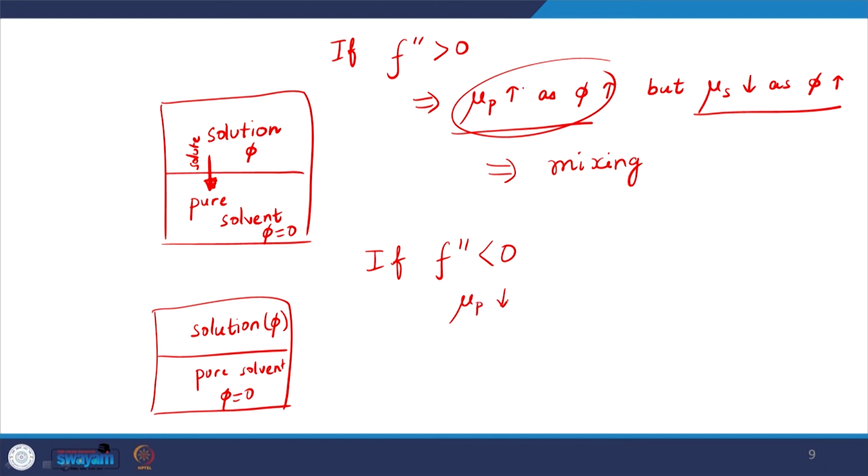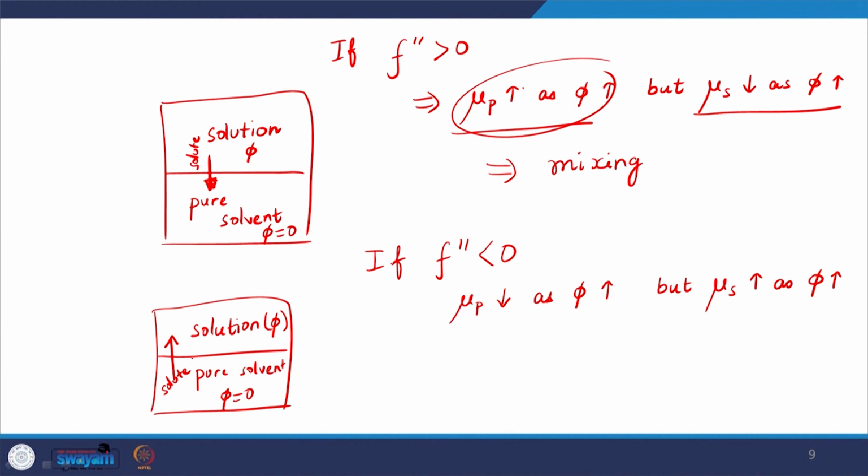So mu p will decrease as phi increases, but mu s will increase as phi increases. In this case, the solute movement should be the other way around, right? That means, if I start with pure solvent, there is no movement.